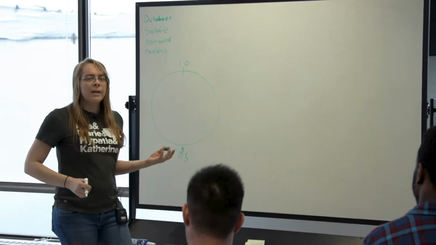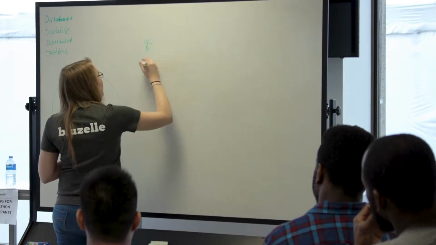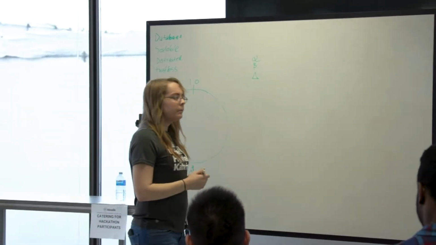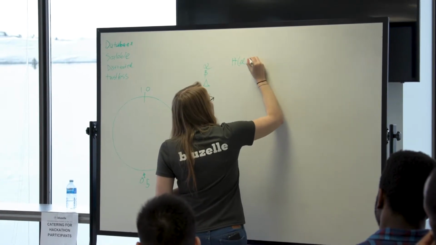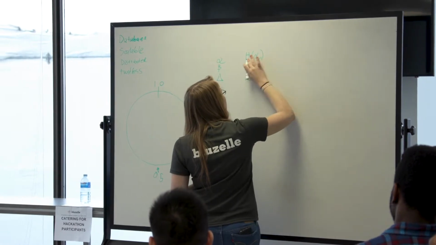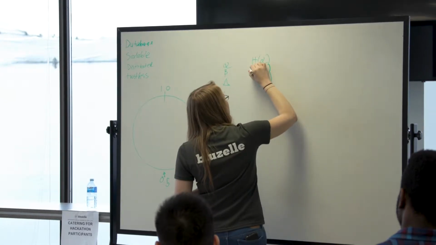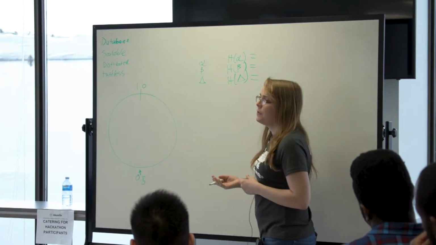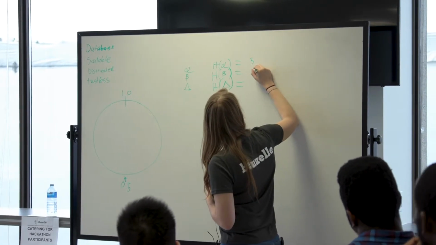And for each object that we want to store, say our objects are alpha, beta, and delta, we'll take their hashes using some arbitrary hash function, and we'll map those hashes to the interval from 0 to 1. And for the sake of argument, let's say that we get something like 0.3, 0.9, and 0.1.